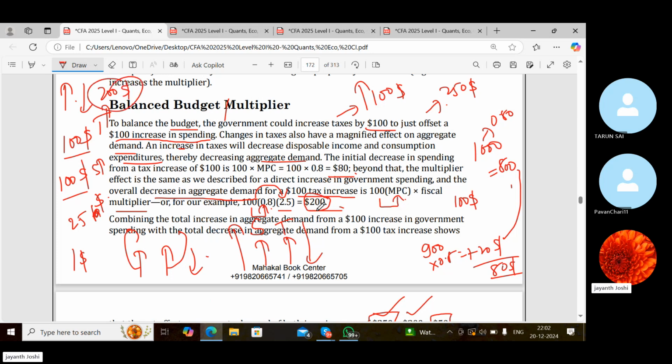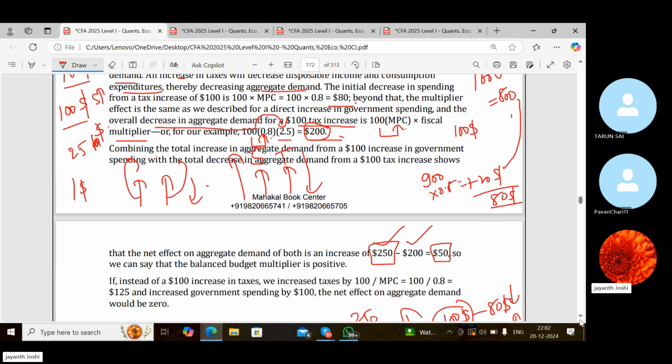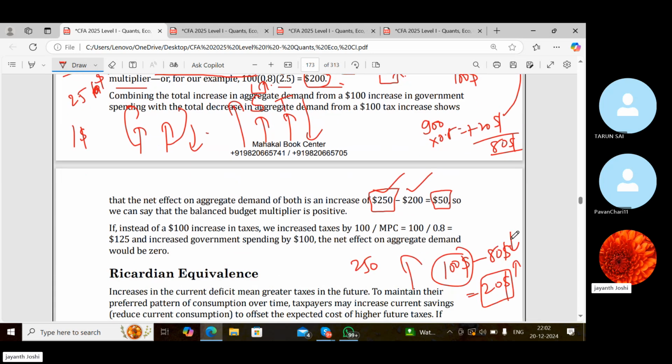In my earlier case government was increasing the spending by $100 and private spending was decreasing by $80. In this case government spending is increasing by $250 and private spending is reduced by $200. So it is creating a net effect of $50.